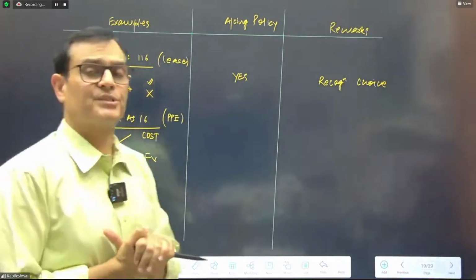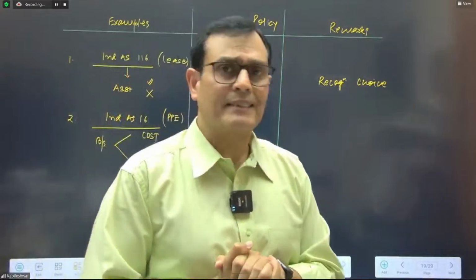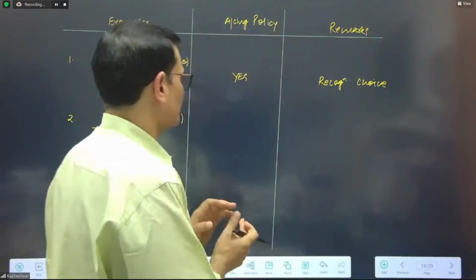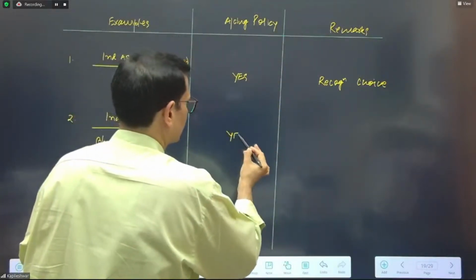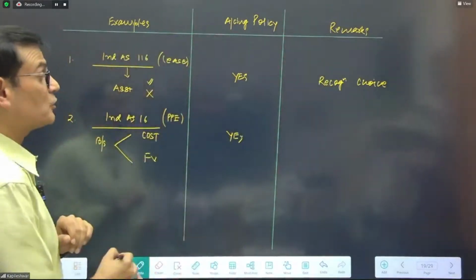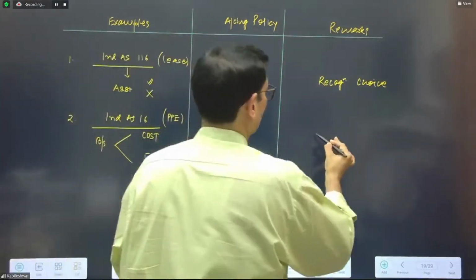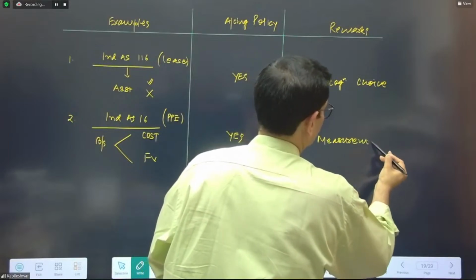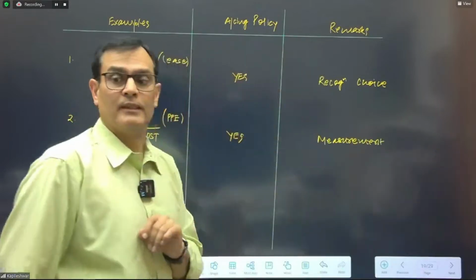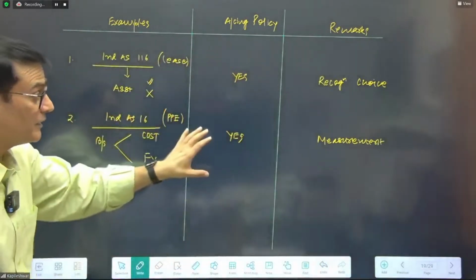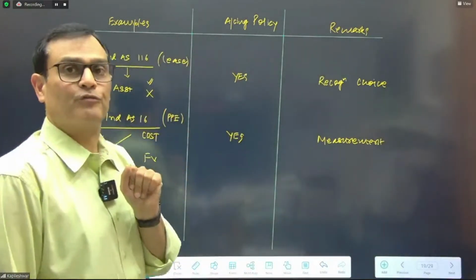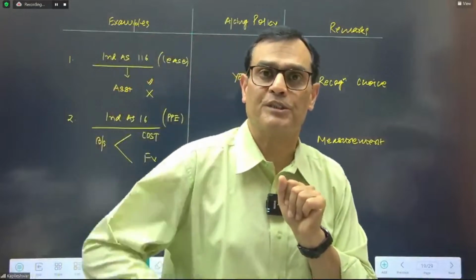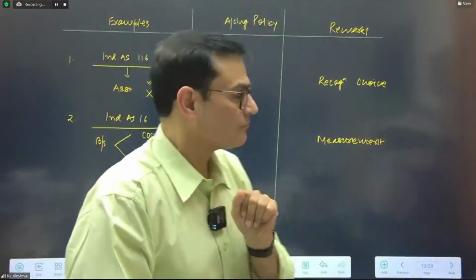You've got a choice. Is that an accounting policy? Since you've got a choice, yes, it is an accounting policy. And this choice has to be with reference to what? It's a measurement choice. Either you reflect the asset at a cost value or at a fair value. It's a measurement choice. It's an accounting policy.